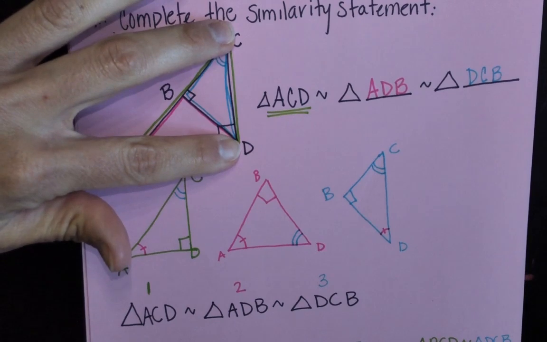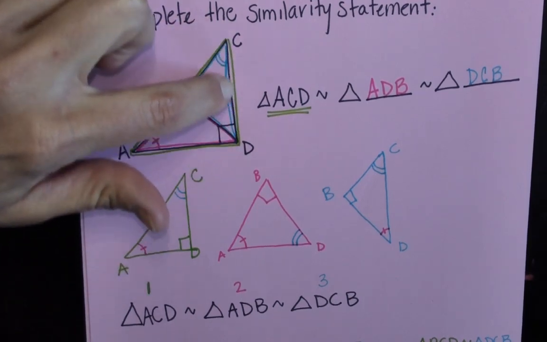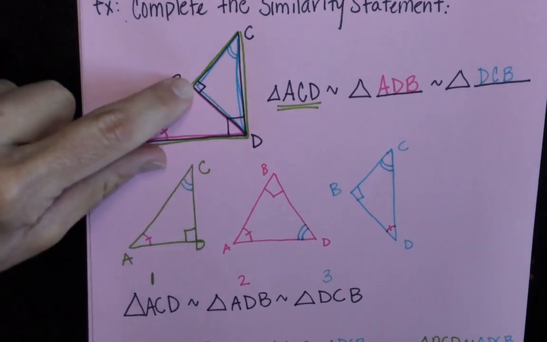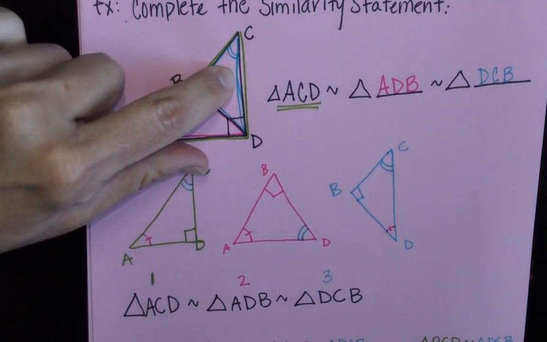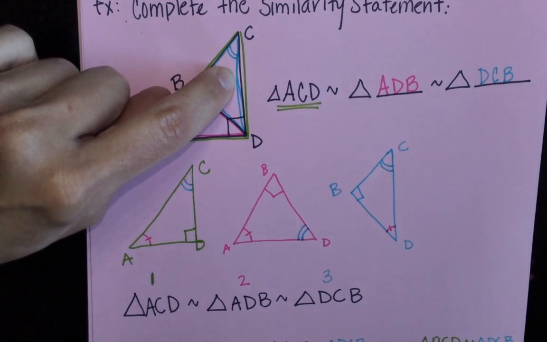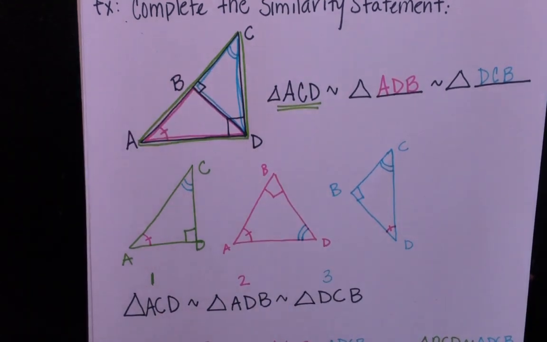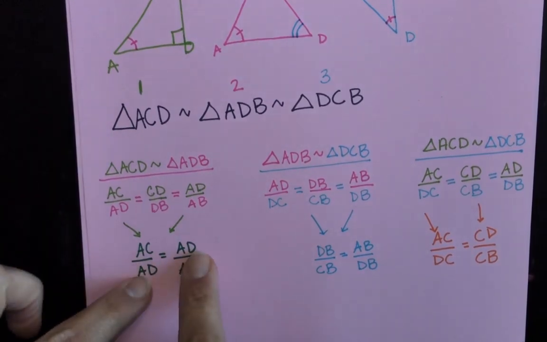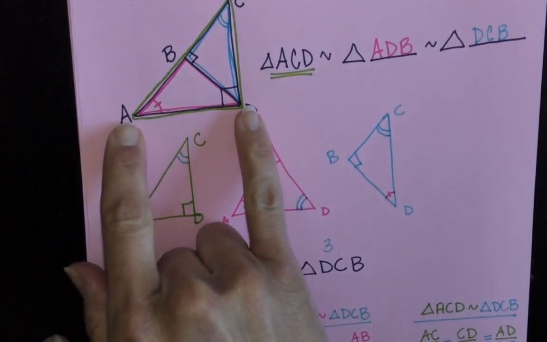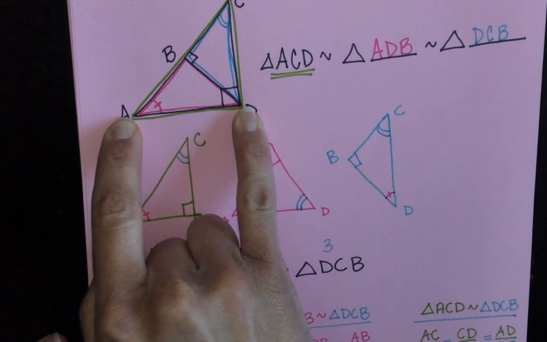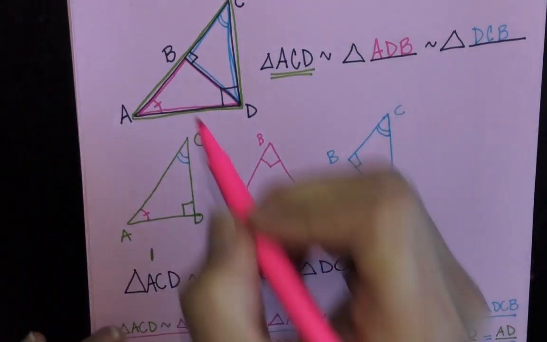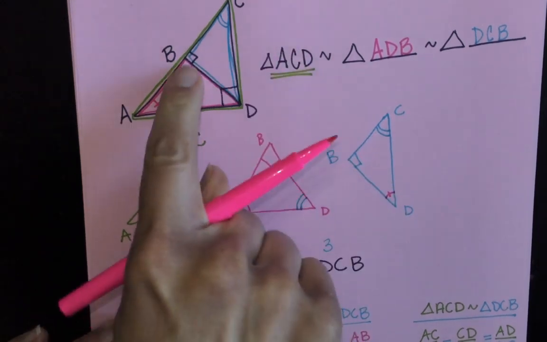Well, it's the leg. It's the leg of this original green biggest right triangle, but it's the hypotenuse in this small one. What you're going to find is it's the same thing that we talked about at the very beginning down here. Look what AD was. AD was the leg of the original right triangle, but it was the hypotenuse in this one.